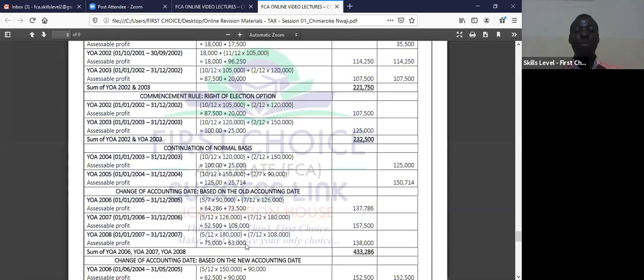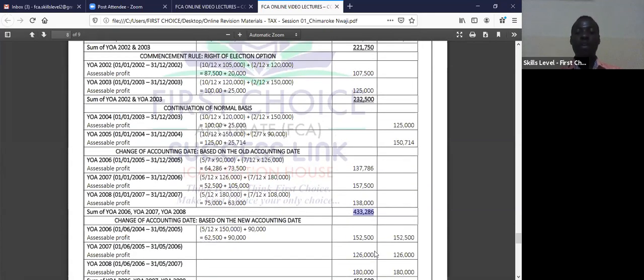So what you do here is you add 63,000 to 75,000. You get successfully 138,000. Now after doing these 3 relevant years of change, you add these figures together. Add these figures together. And what do you have here? 433,286. Now that's the sum of the 3 years.